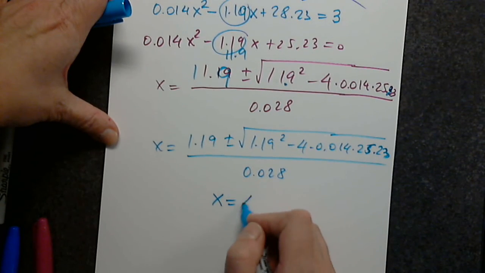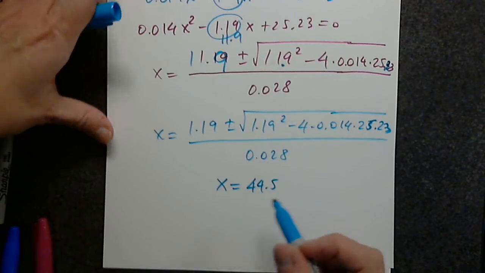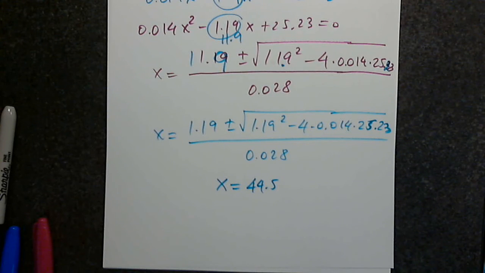So we get that x equals 44.5, which is 45, which we knew from the table, from the bar graph. But now I have to determine the other one. And here's what we do with the other one: we go back and we replace the plus in front by the minus. This one here. Okay.